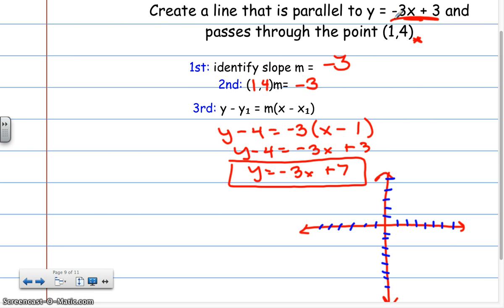I have y equals negative 3x plus 3 was my first one. That's a y-intercept of 3. Then I go down 3 over 1, down 3 over 1, or up 3 over. So it looks like this. And my new one is y equals negative 3x plus 7. Uh-oh. I already don't have enough room.